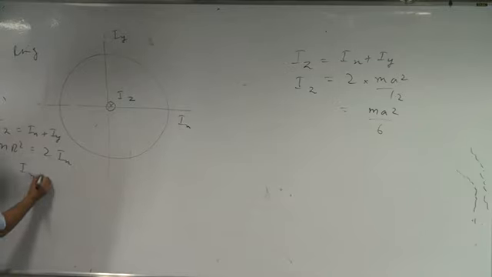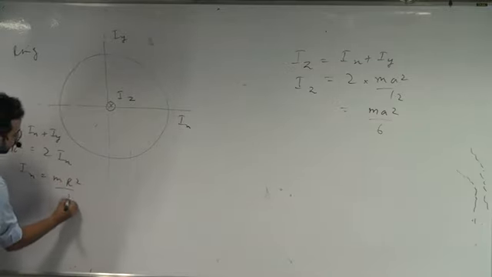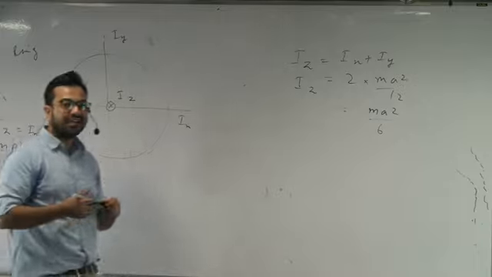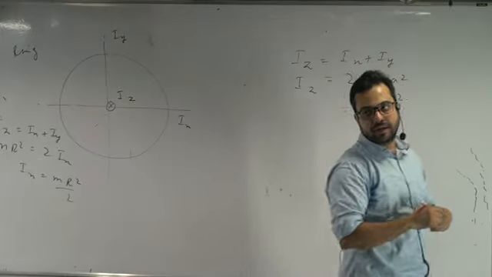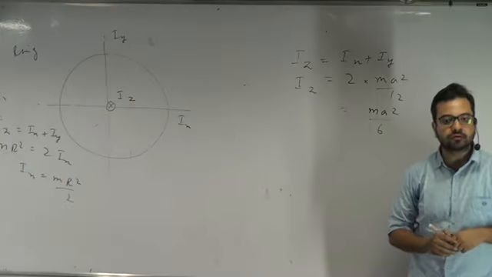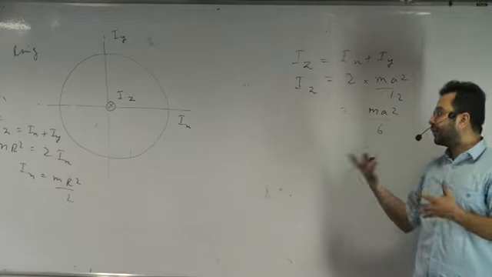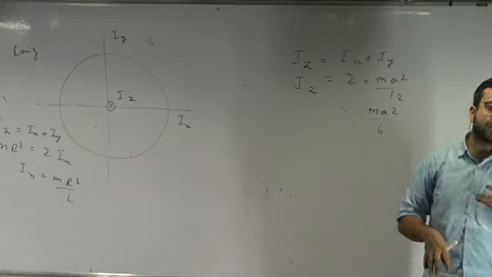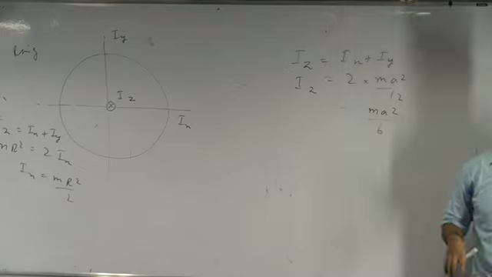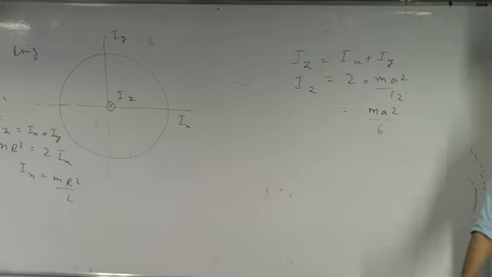So Ix is equal to what? mr square by 2. So the moment of inertia of a ring about its diameter would be mr square by 2. Correct? Okay. Now can you tell me what will be the moment of inertia of a disc about its diameter? mr square by 4. ठीक है? So simple.